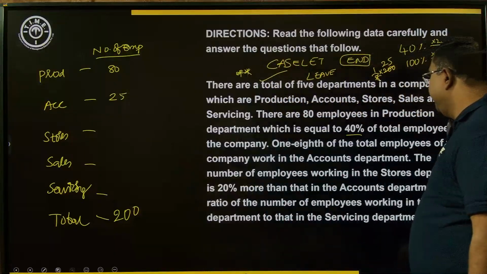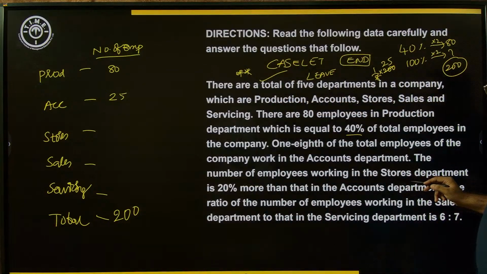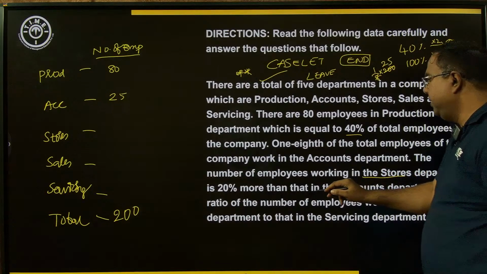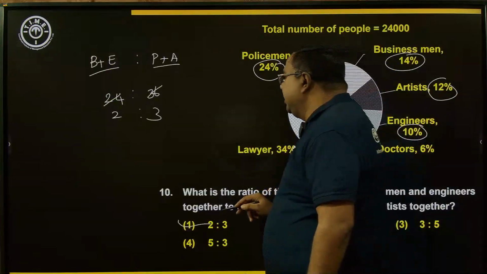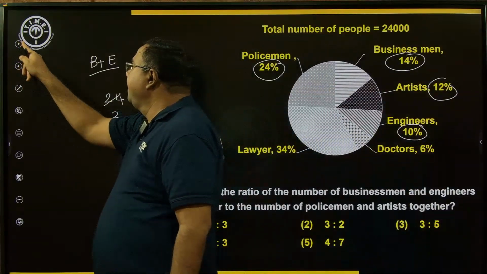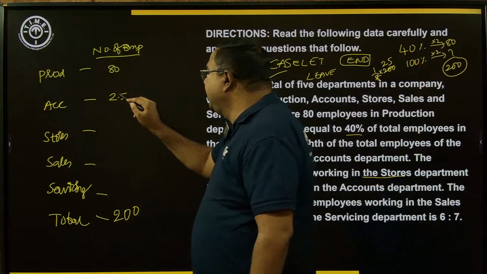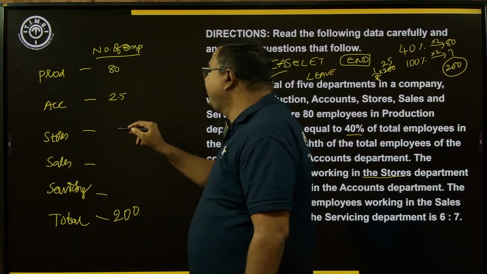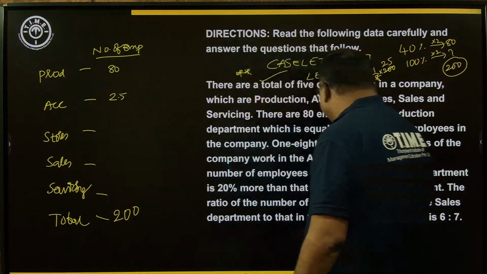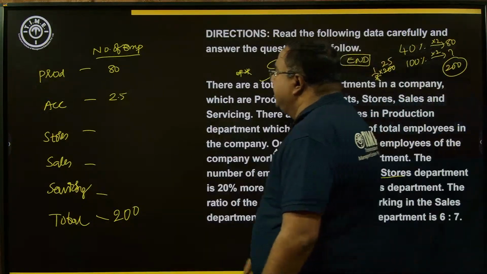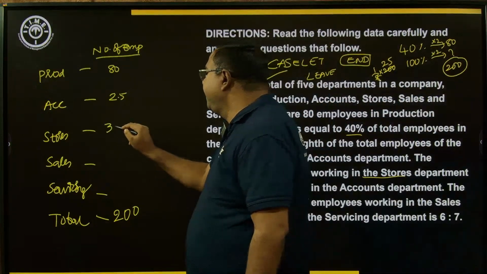Then the number of employees working in stores department is 20% more than accounts department. Now 10% is 2.5, 20% is 5 more. So 25 plus 5, stores department has to be 30.